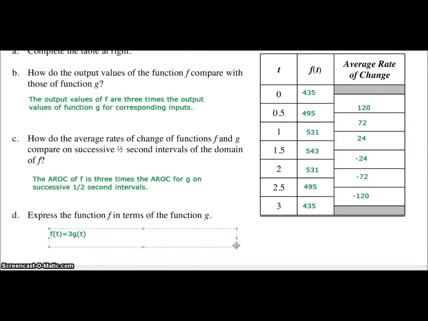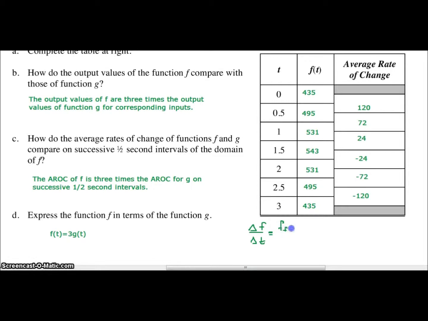Okay, so that's an interesting finding, but it's not very surprising because here we're looking at the change in f over the change in time, and if each f value is 3 times as large as a value of g, then it makes sense. Let's see, I'm just going to write it out.